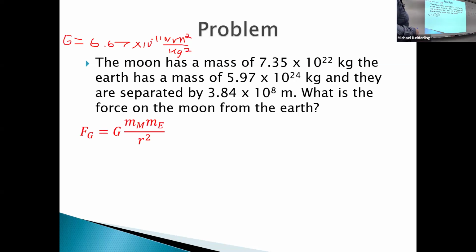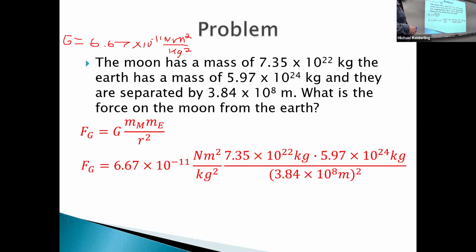So again, this is fairly straightforward. Just plug in the numbers. Force of gravity is big G times mass of the moon times mass of the Earth over the distance between them squared. So 6.67 times 10 to the minus 11 times 7.35 times 10 to the 22 times 5.97 times 10 to the 24 divided by 3.84 times 10 to the 8 meters quantity squared, which comes out to 1.98 times 10 to the 20.